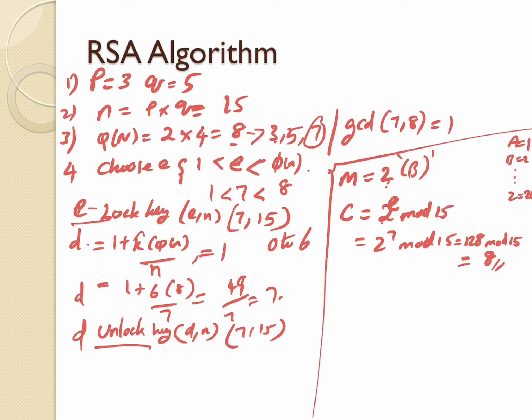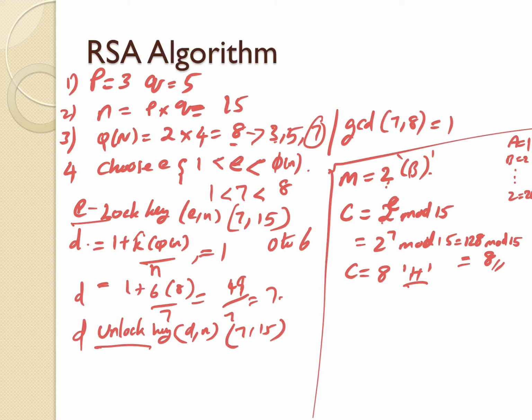You can do the calculation; for time's sake I'm going fast. So C is now 8. 8 denotes the letter H. So B is converted into H. This is the ciphertext.